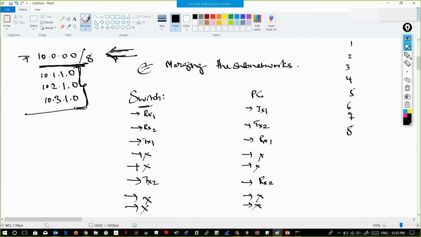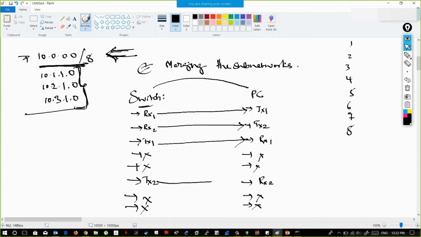Now, if I want to communicate between switch and PC, I will connect it with a straight through cable, because my receiving pin of the switch is directly connected to the transmission pin of my PC. There will be no problem, right? So this will be straight through.